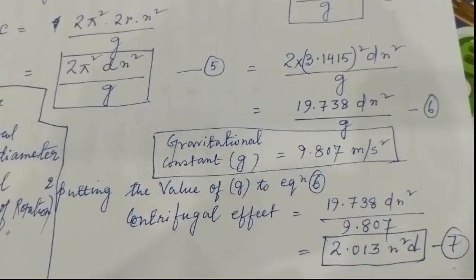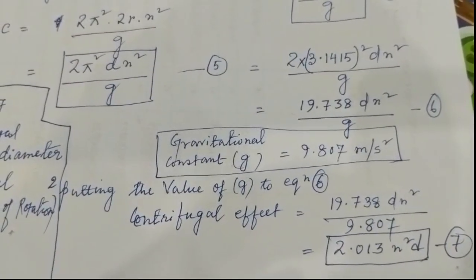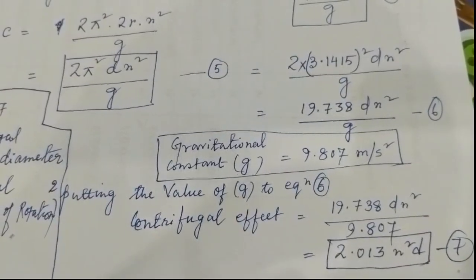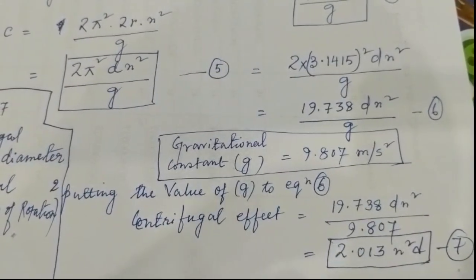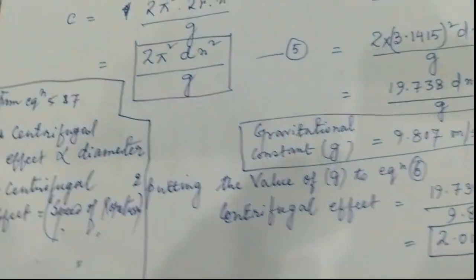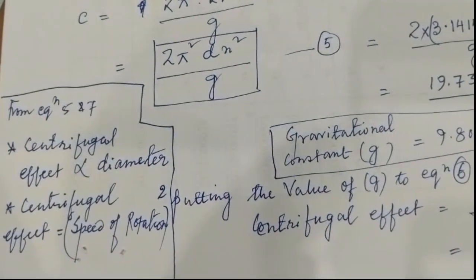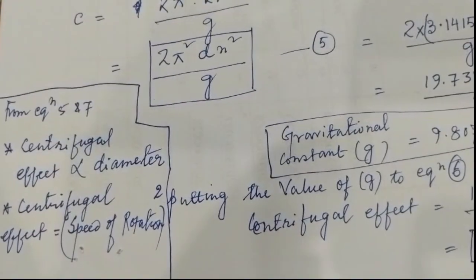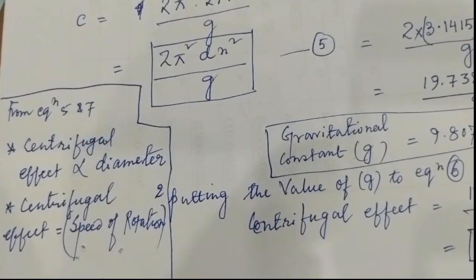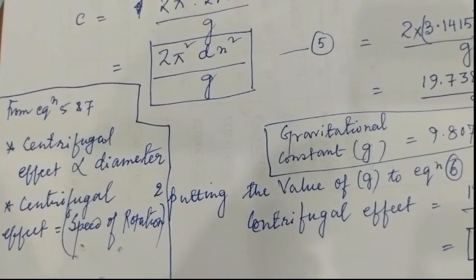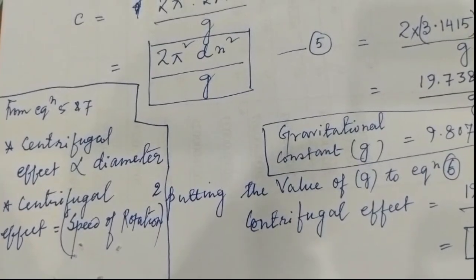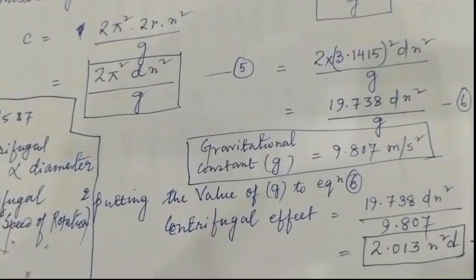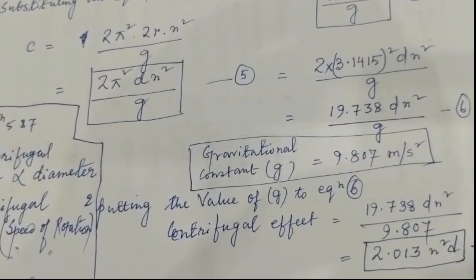That is equation number 7, the final equation: centrifugal effect C is equal to 2.013 n square d. Now from equations 5 and 7 we can write that the centrifugal effect is proportional to the diameter and to the speed of rotation whole square. You have to write these things in detail.